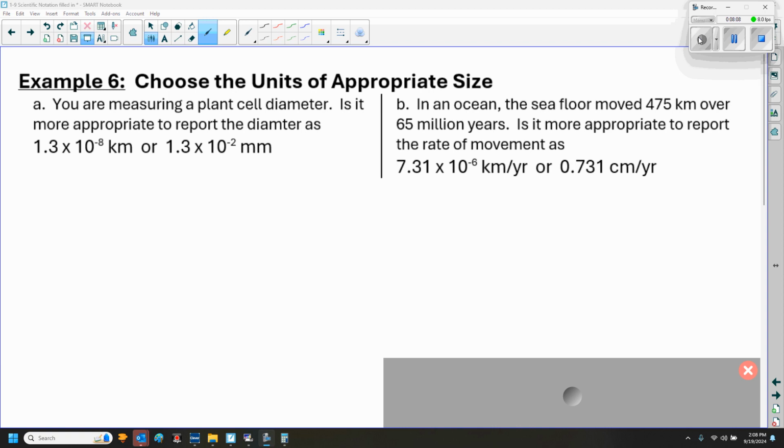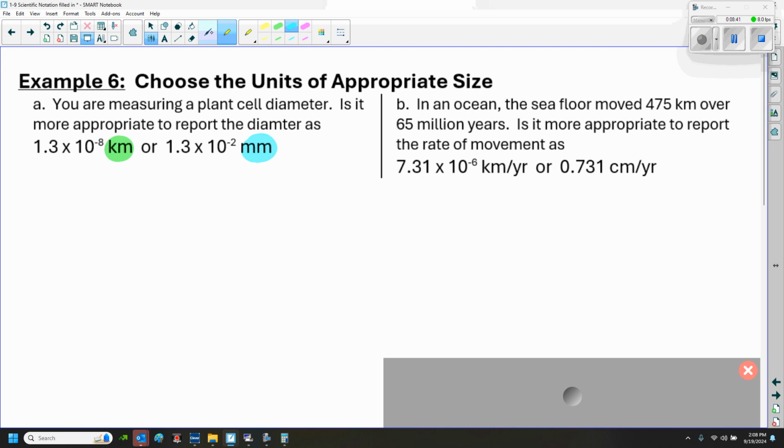So for example 6, we want to choose the units of appropriate size. For example 6a, it says you are measuring a plant cell diameter. Is it more appropriate to report the diameter as 1.3 times 10 to the negative 8 kilometers, or would it be more appropriate to report it as 1.3 times 10 to the negative 2 millimeters?